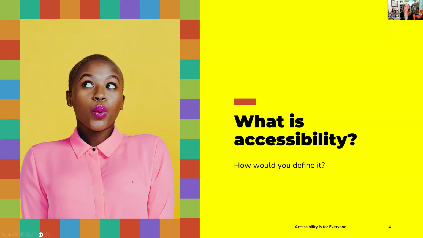So first of all, let me ask you a question. How would you define accessibility? What is it in your opinion? I'm going to wait until you say something. It's like data is accessible by all types of audiences. Okay, so Neelam says data is accessible by all types of audiences.